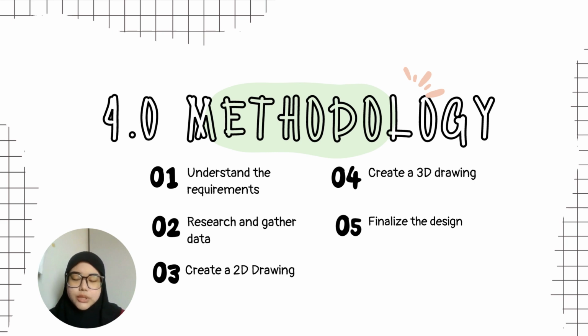This will allow us to visualize the fan in 3D and make any adjustments as needed. Lastly, we finalize the design based on the results of the analysis and testing and create a final set of drawings for the CPU fan. These drawings can then be used to manufacture the fan.